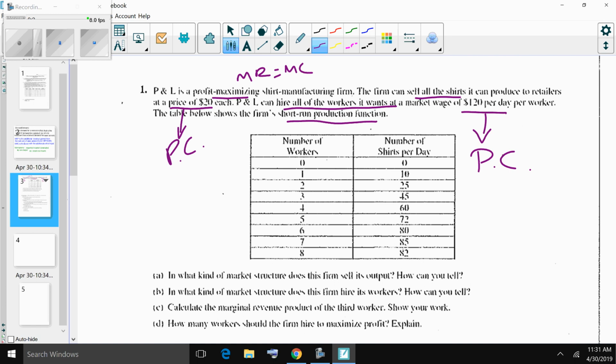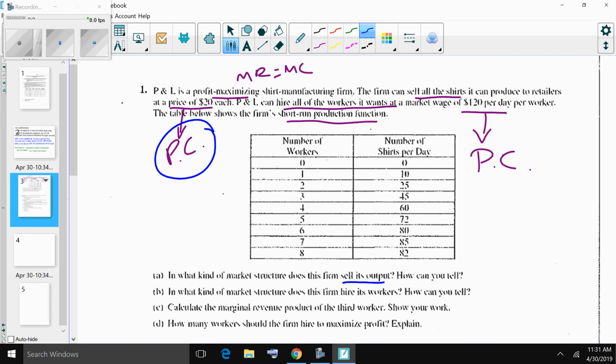1A says, in what kind of market structure does this firm sell its output? It's incredible because just from reading the question, you already know the answer. The market structure is perfect competition, because we know the price is constant.